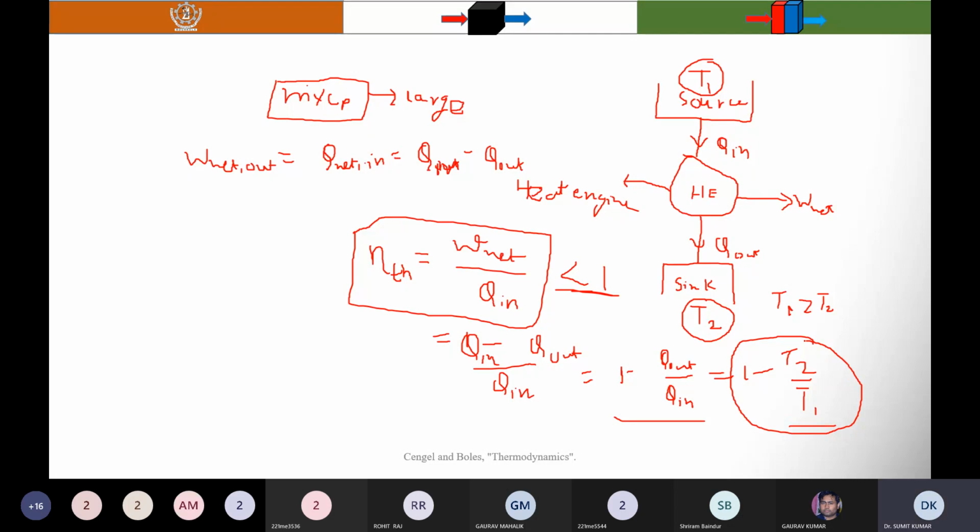My question is, if I have written eta TH is equal to 1 minus T2 by T1, is this formula valid for any process or not? Sorry, sir, I don't know the answer. Okay, fine, thank you.